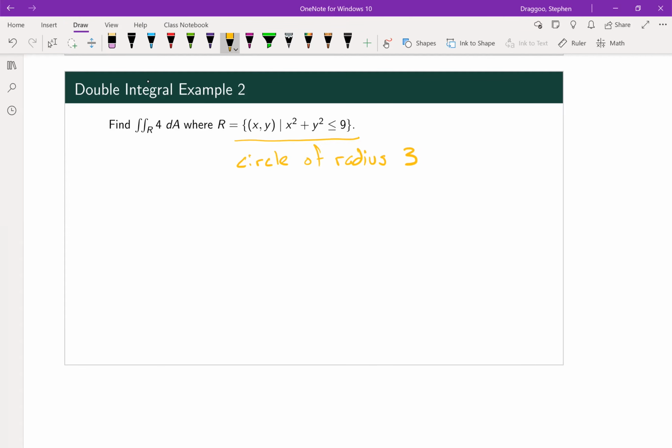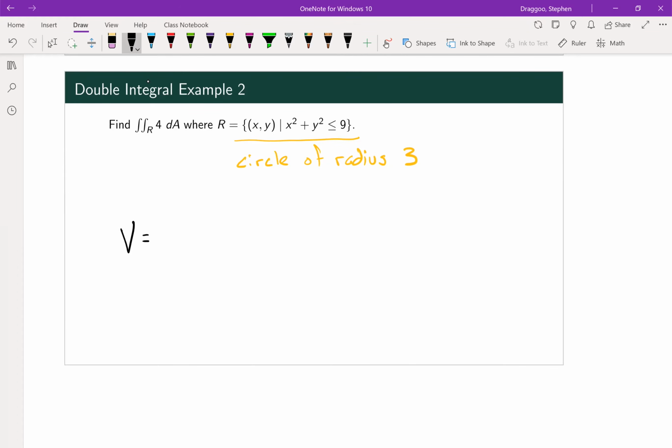So it should just be 4, a height of 4, times the base, which is that circle of radius 9, ultimately gives us a cylinder. Oops, I think I said 9, but I meant 3. So we'll ultimately get a cylinder that has a base that's a circle with a radius of 3 and a height of 4, which is a relatively simple calculation.